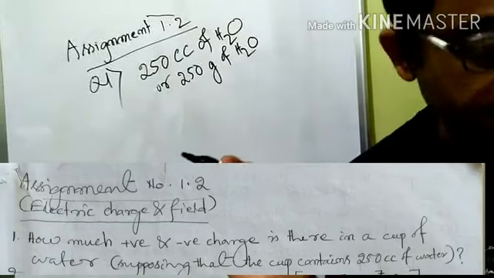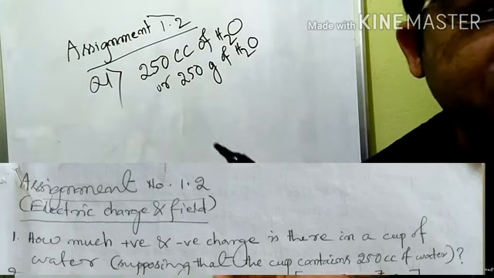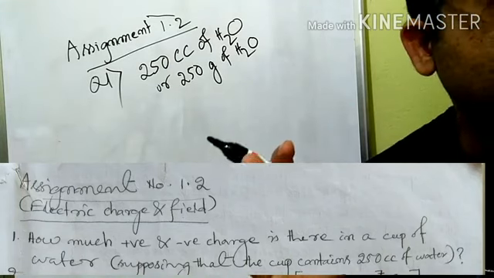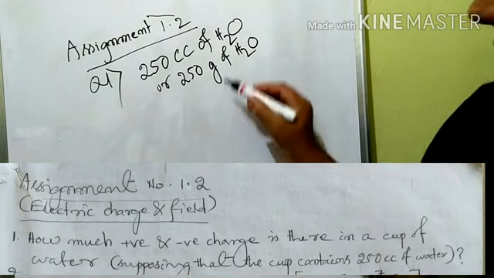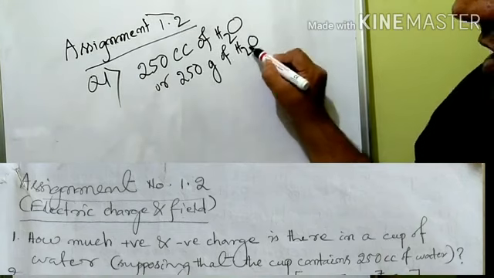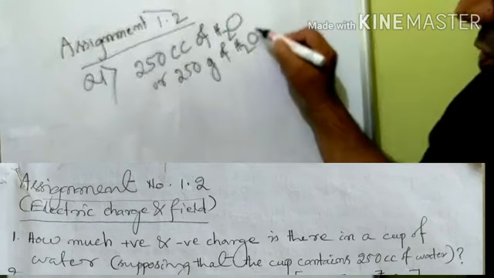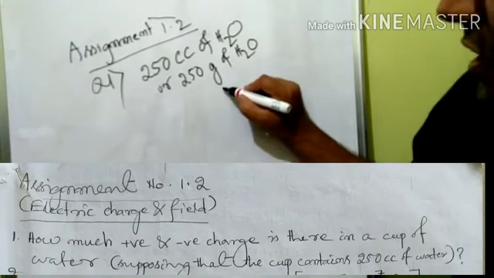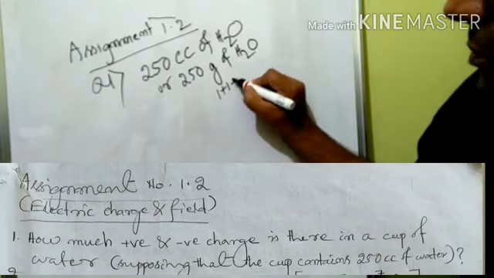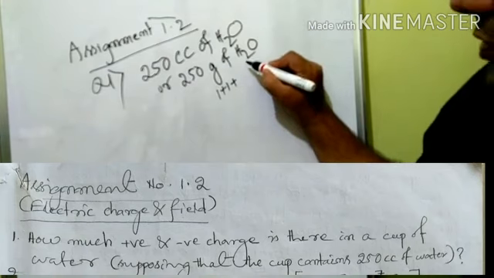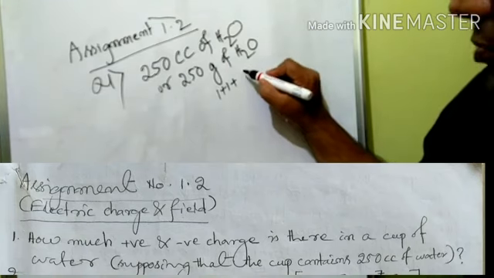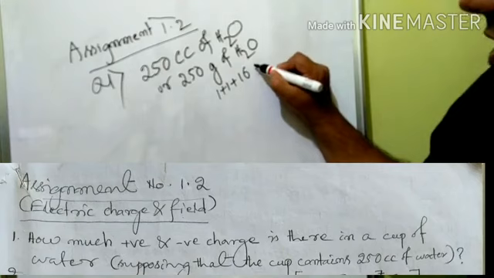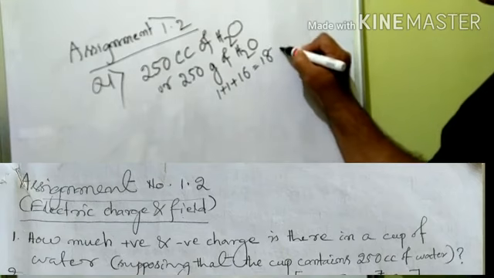Now this question basically depends on Avogadro's number, the concept you have gained from chemistry. What is the gram molecular weight of H2O? It is 1 plus 1 plus the atomic weight of oxygen, which is 16, equal to 18 gram.